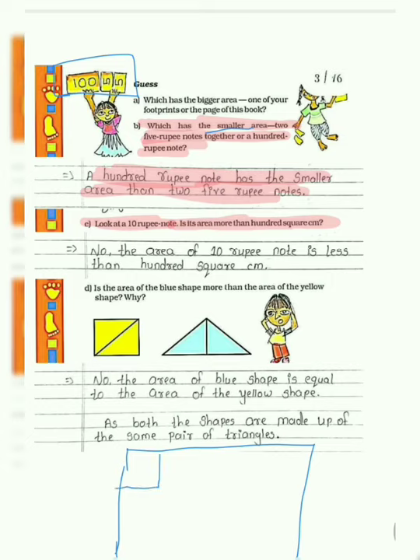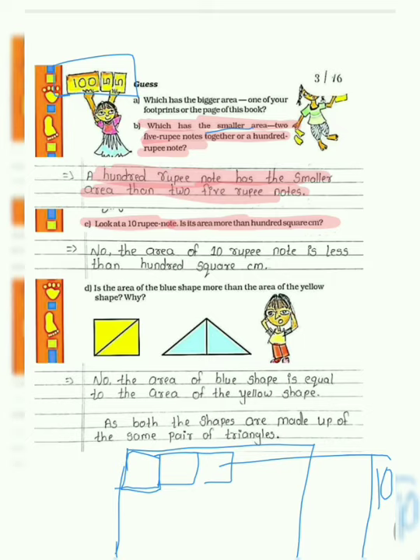Suppose this is a 1 square centimeter box, as we had seen in the first question. Like this, there are 10 boxes in this line and 10 boxes in the standing line. That is called 100 square centimeter.